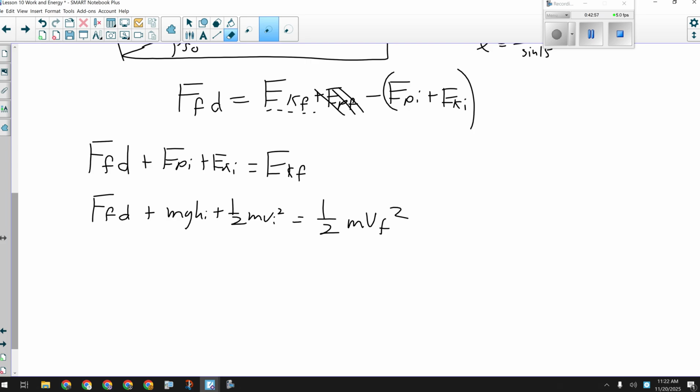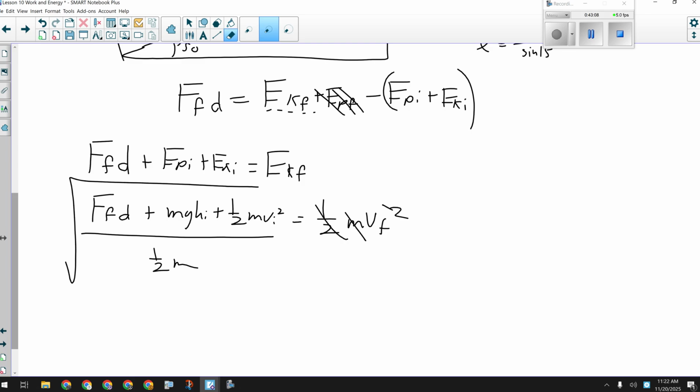All right, I want to get vf by itself. What do I do with the half and the m? Divide them over to the other side. Then I can square root. So now I'm solving for vf, right? So I had to calculate the angle. That was one calculation. And then I did work energy theorem, which involved a little manipulating, right? Not a lot.